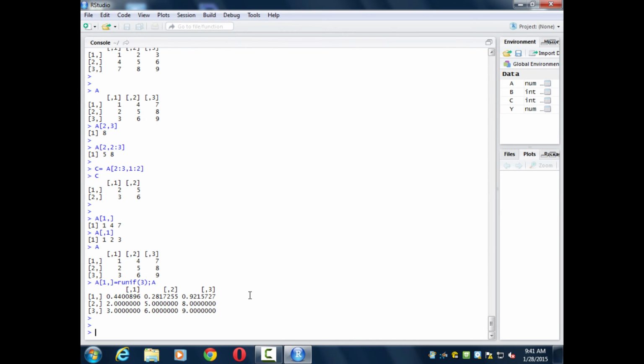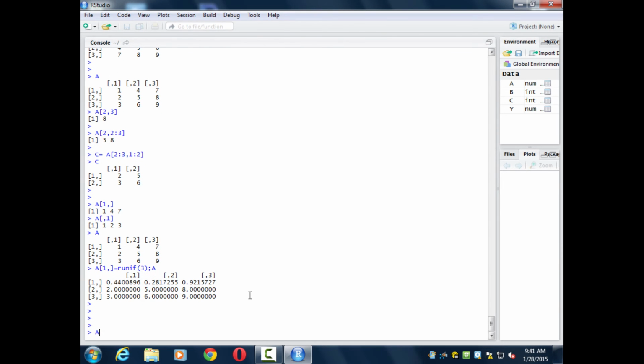Another important thing with matrices is to carry out operations on matrices. So let's say we create a matrix A, and let's say that A contains numbers 1, 4, 9, and 16, and that these numbers are stored in 2 rows and 2 columns.